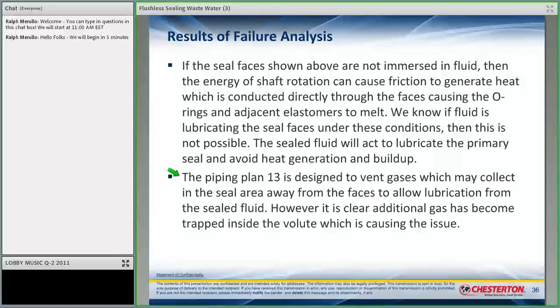Well, the question is, is it possible that fluid is not in the pump or not in the stuffing box? If that is the case, you're probably going to need to use either a start-stop flush or a pressure-regulated flush, one or the other, because there is a point during the operation of that pump where those seals are running dry, and that's the problem. This is what we're seeing.